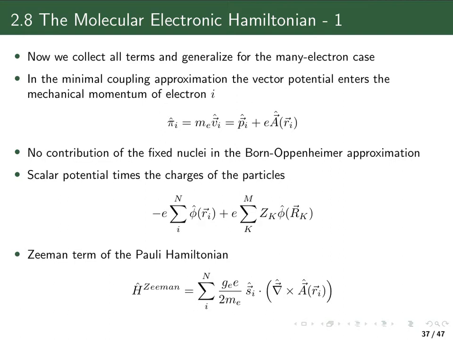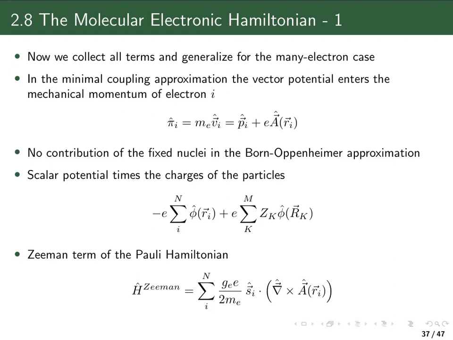Right now, we will stay within the Born-Oppenheimer approximation, which means that we are ignoring the kinetic energy operators for the nuclei. But in principle, the kinetic energy for the nuclei would also be rewritten in this form, because the mechanical momentum of the nuclei also has to be modified by including the vector potentials.